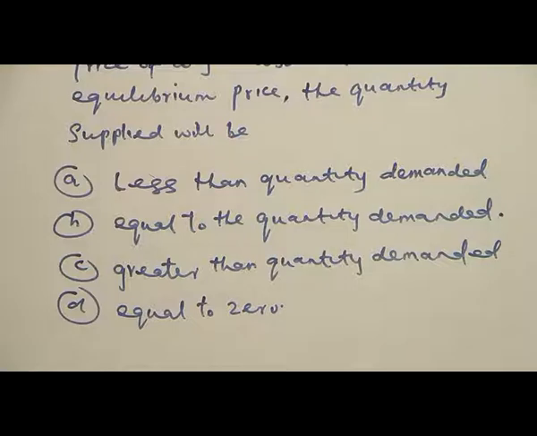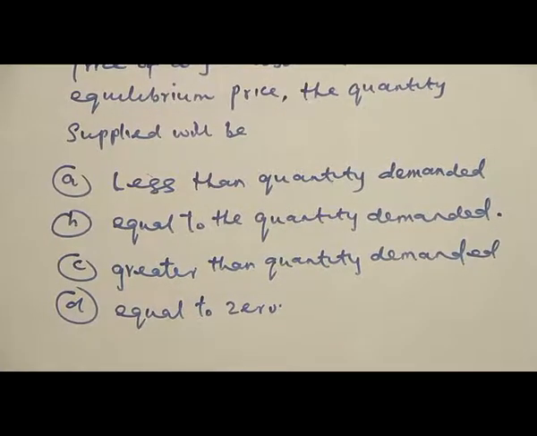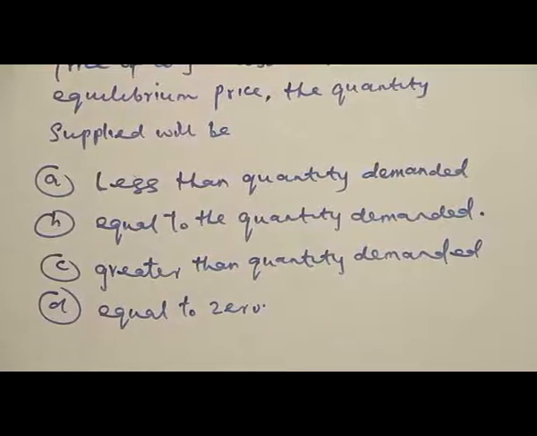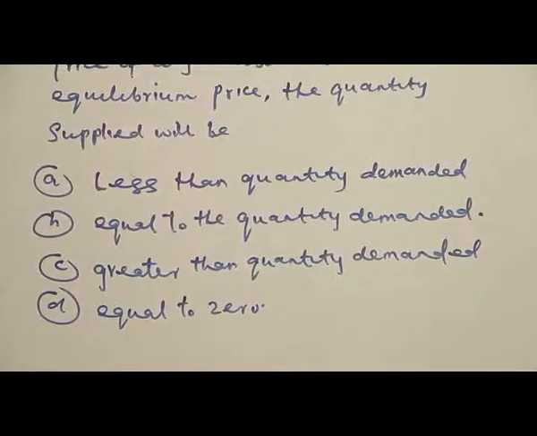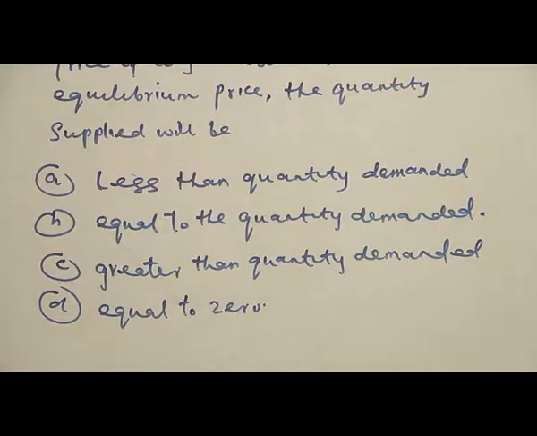We have analyzed the interaction of demand and supply, that whenever a price is above the equilibrium price, supply will be greater than demand. So it is only letter C that is talking about that. Letter A, less than, will not be right.